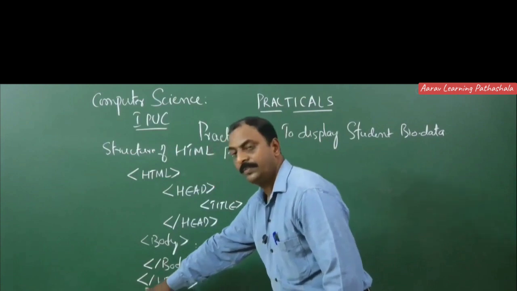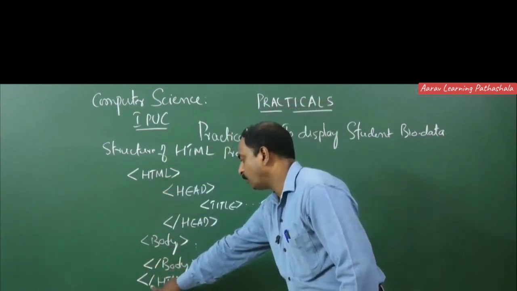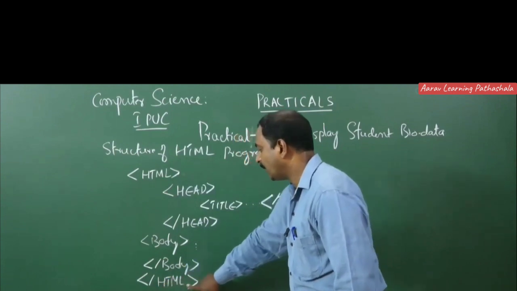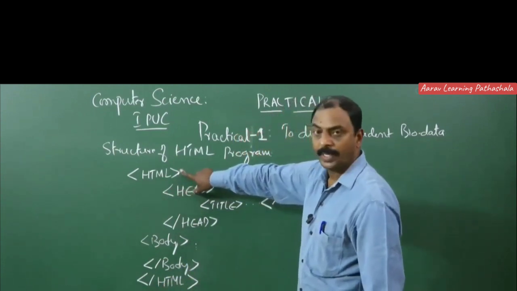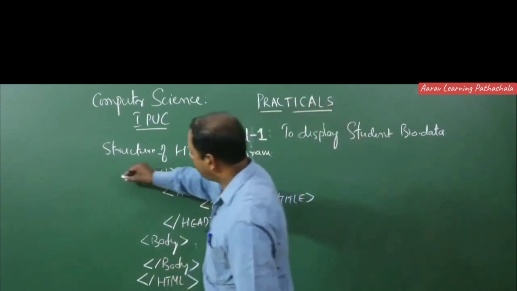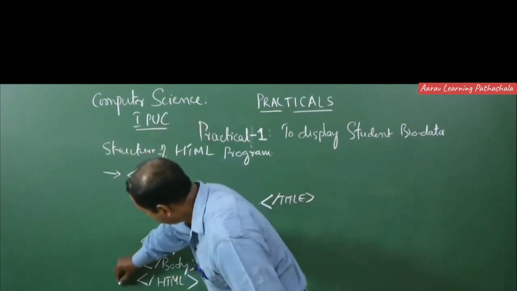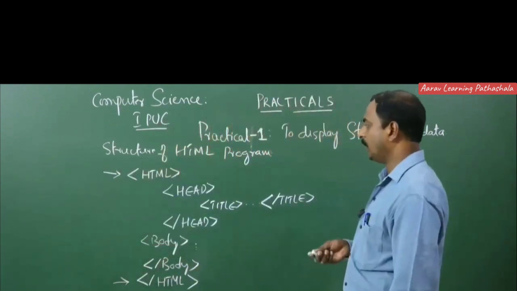And if you observe this, each and every tag must close with / followed by a tag, HTML tag. In this example, this is open tag HTML and this is a close tag. So from here, this is the beginning and this is end of HTML document or program.